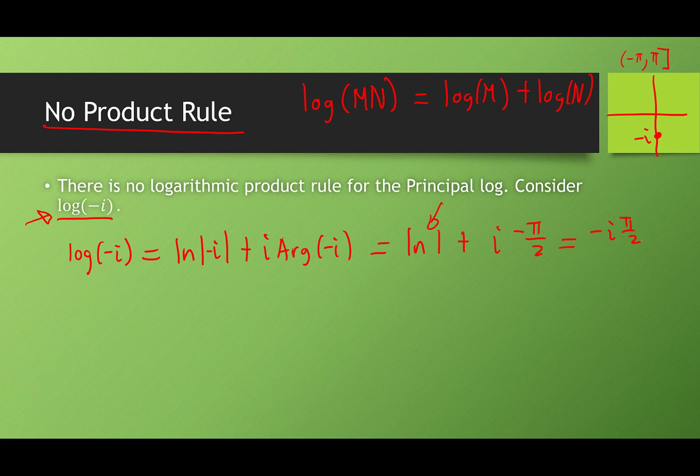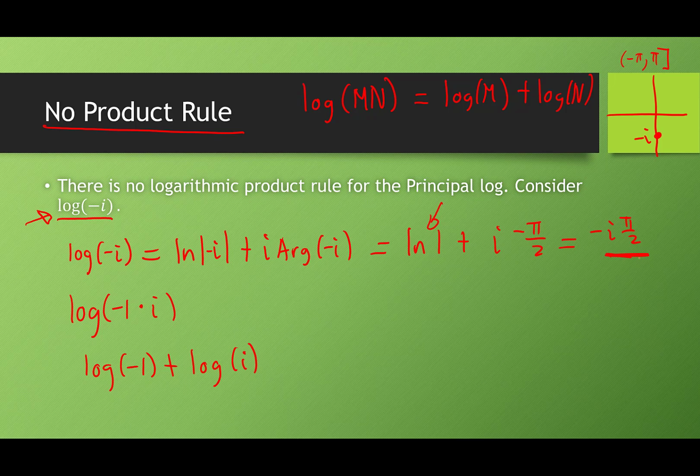Now another way we could have calculated this, if we think about it in terms of this quote-unquote product rule, would be the following. Negative i is really negative 1 times i, right? Well, let's compute log of negative 1 plus log of i. And I'm going to show you that we don't actually get the same thing, so this product rule fails.